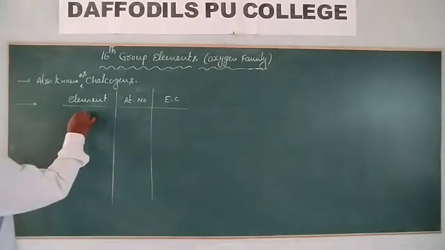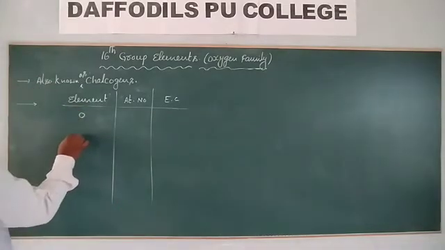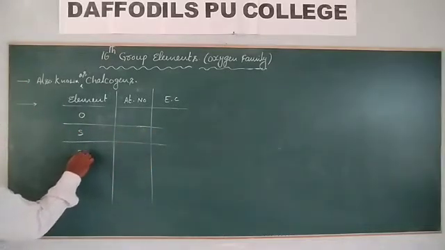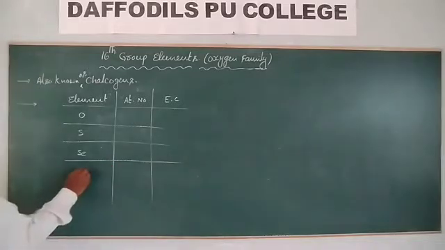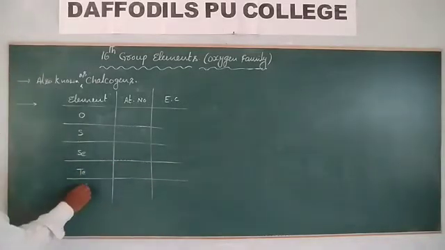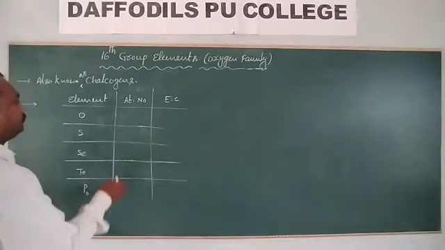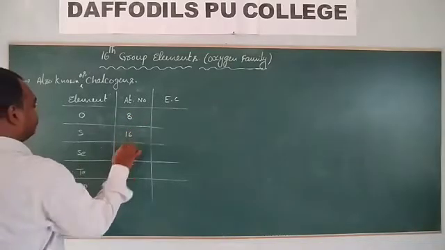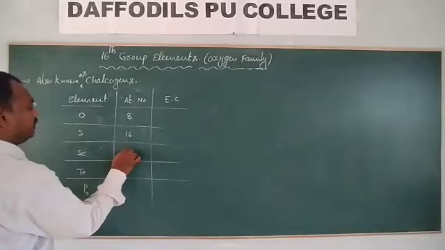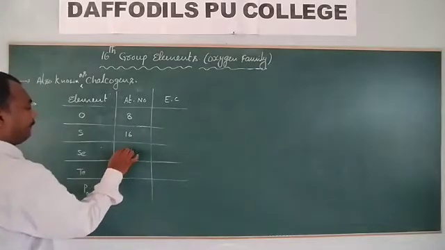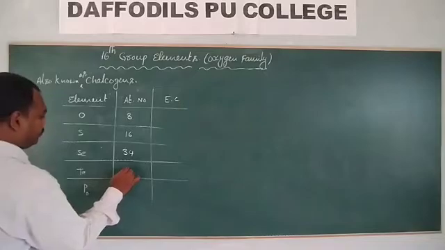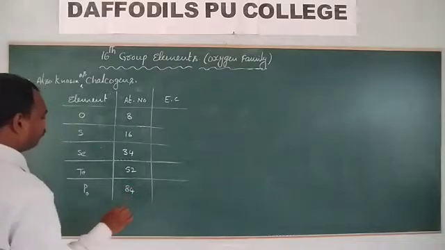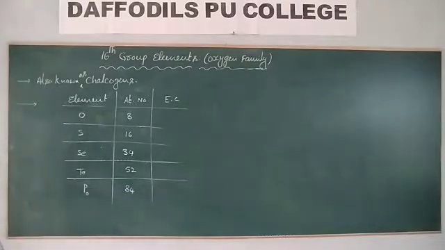The first element is oxygen, sulfur, selenium, tellurium, polonium. Oxygen, atomic number 8, sulfur 16, selenium 34, tellurium 52, polonium 84. So these are the atomic numbers.